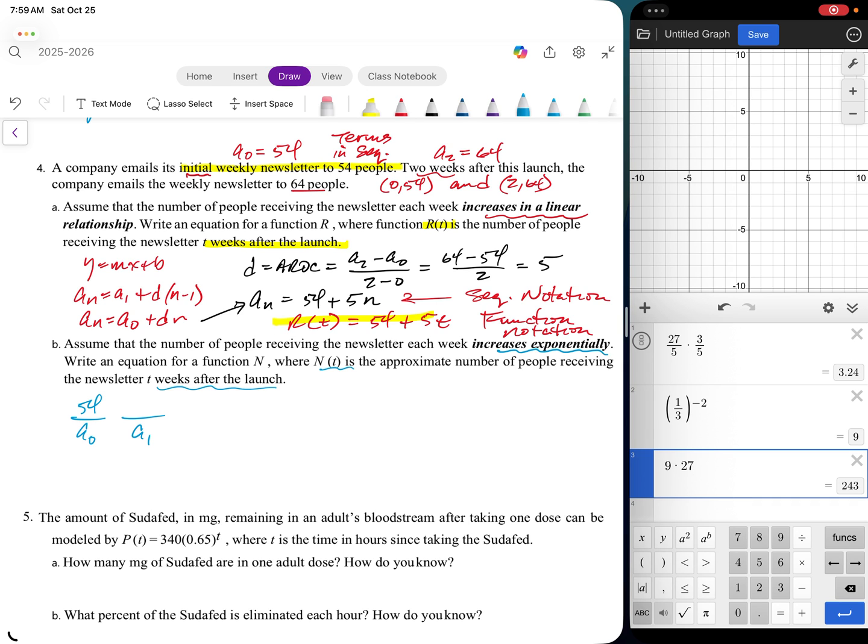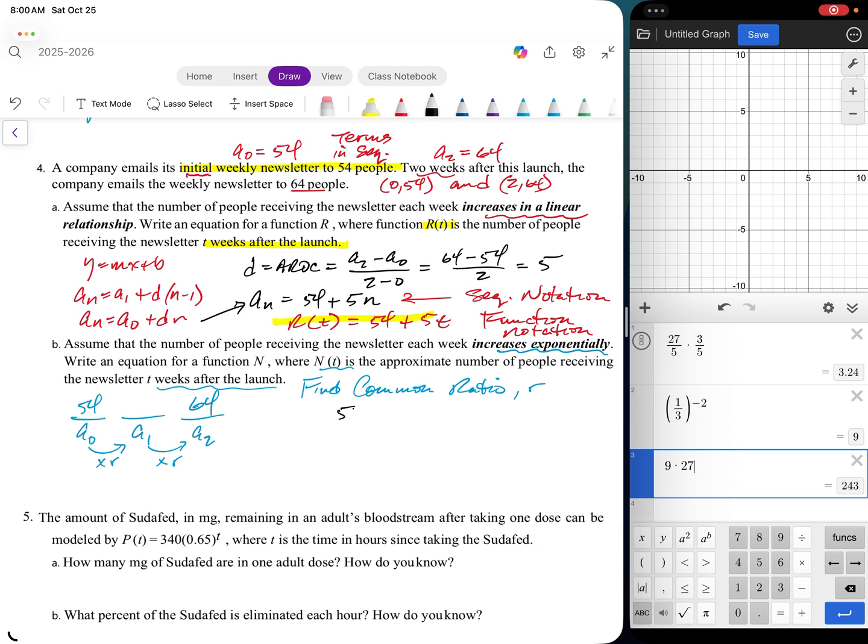We don't know a sub 1, and we know a sub 2 is 64. All right, and then we have to think, what is the common ratio here? Okay, so we have to change our mindset. We got to find the common ratio. Okay, so let's do it.